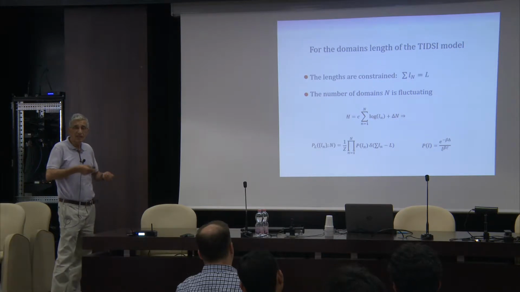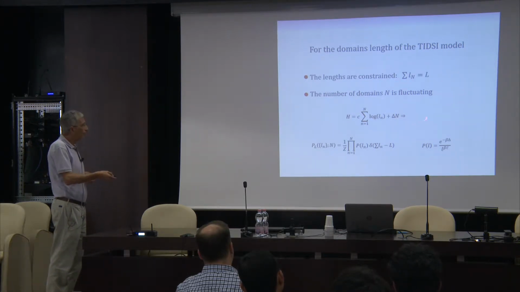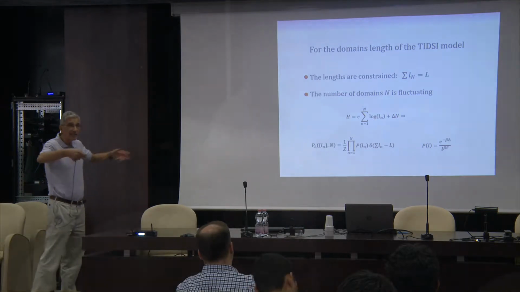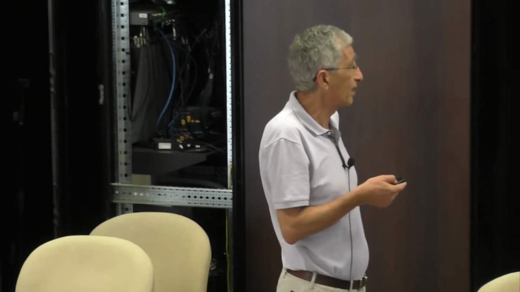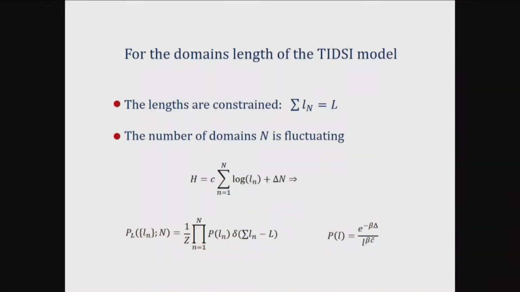So there is a fluctuating number of variables controlled by some parameter delta, and also they are constrained. And this gives some difference in the behavior of the extreme value statistics in this case. And let me just summarize the result that we have.